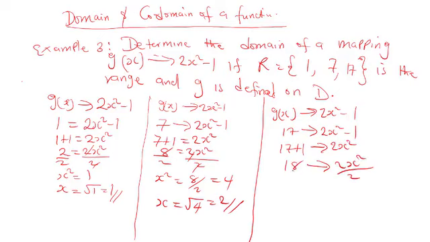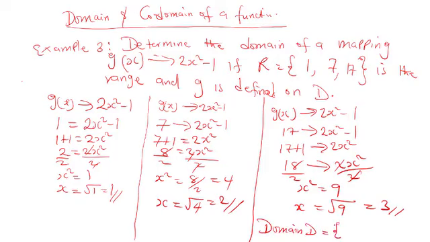Now we divide both sides by 2. 2 goes with 2, so x squared is equal to 9. Then x is the square root of 9, which is equal to 3. So the domain of the function D is equal to 1, 2 and 3 respectively.